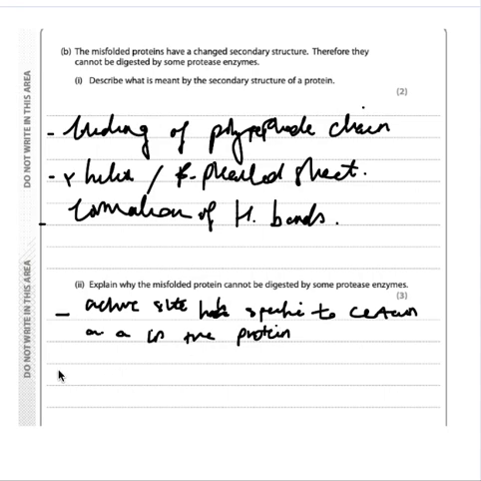And so, whenever there's an explain question, you always think of why. So always say why. So why is the active site specific to certain amino acids in a protein? Why is that important? And so that's because the misfolded protein will not fit into the active site.